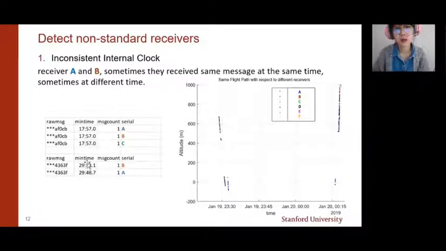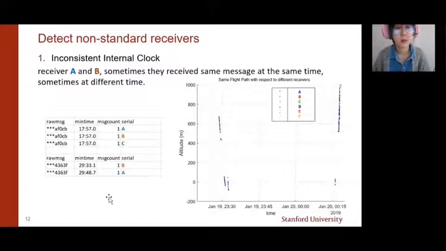But some time later, A and B saw the same raw message at different times, and the time difference between A and B is almost 15 seconds. Later on, we found out that's because of the inconsistent internal clock on ground receiver A, which leads to A putting random, slightly different timestamps onto different raw messages.